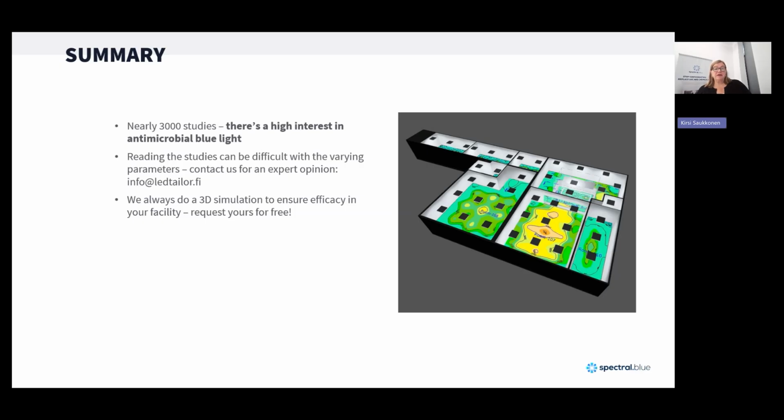But if you have any questions, and you wonder why one article says that blue light has this and this effect, and another says that it doesn't have an effect, please contact us, and we try to interpret the results and the articles in the best way we can. And we always do the 3D simulation to ensure the efficacy in your facilities, so request that service for free.